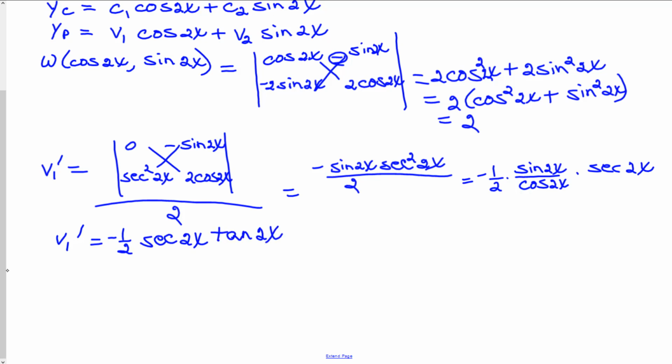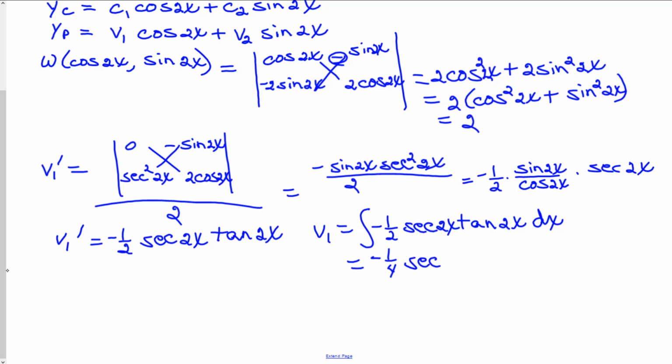And we need the integral of that. And if you think about what function has a derivative of secant u tangent u, then you can find this integral pretty easily with a u substitution, letting u be 2x. So you're going to get negative 1/4 secant 2x.